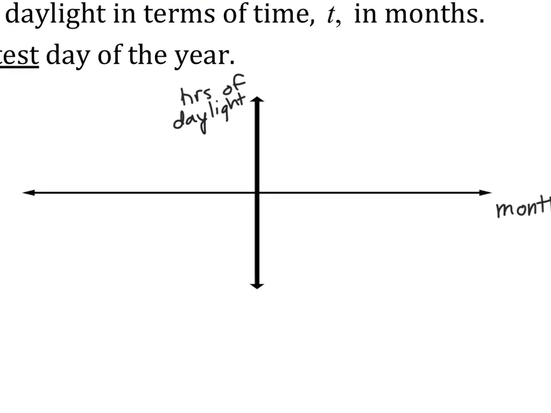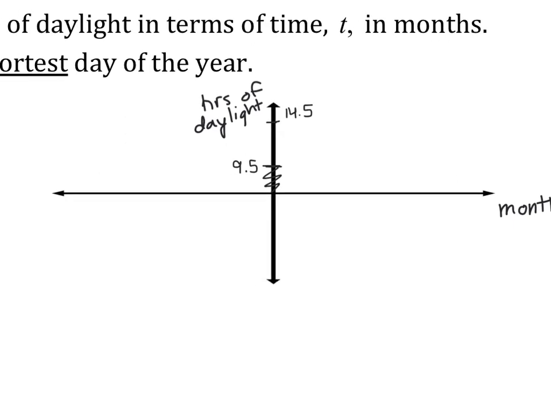Those are going to be two critical values for us. So we don't have to worry about being too meticulous with our scale, I'm going to do this little squiggle right here, and then we're going to call this 9.5, and this 14.5. We're just doing this to help us get an idea of where some of our important values are.